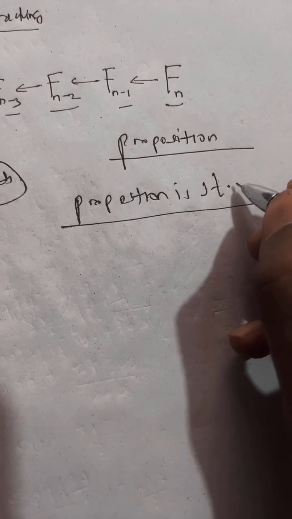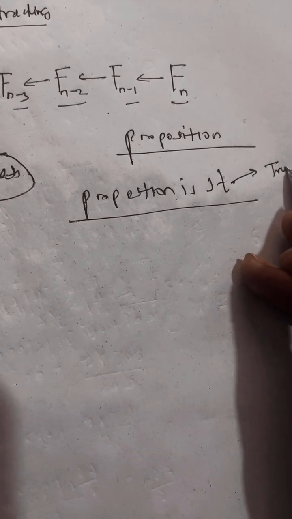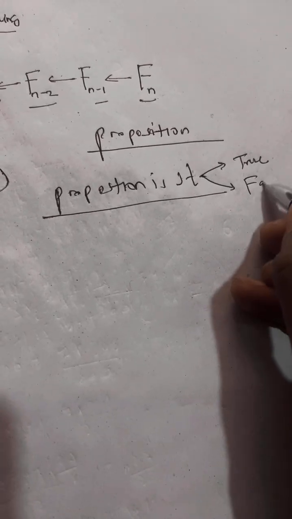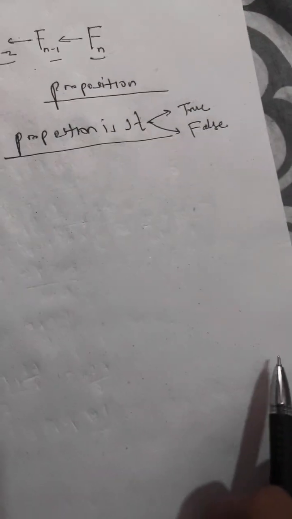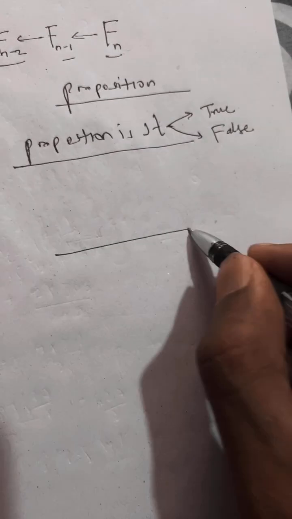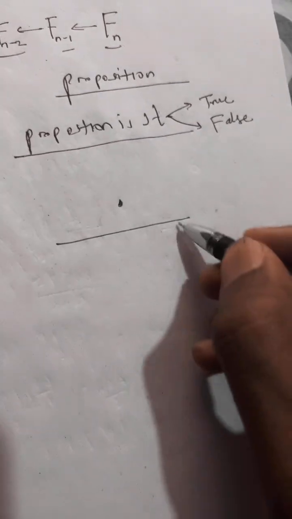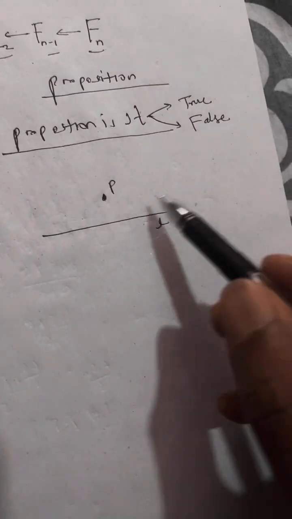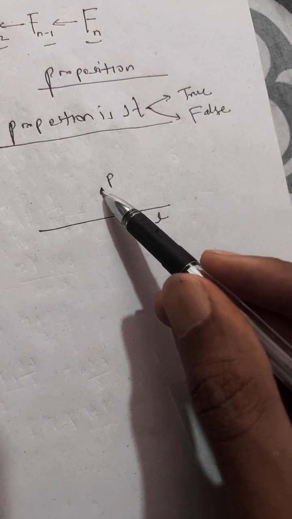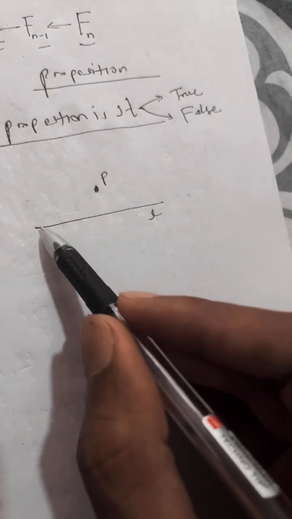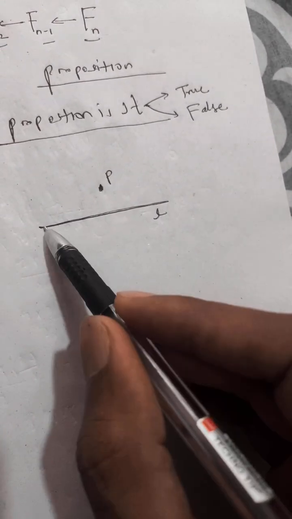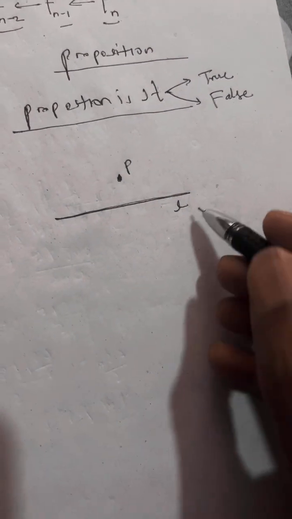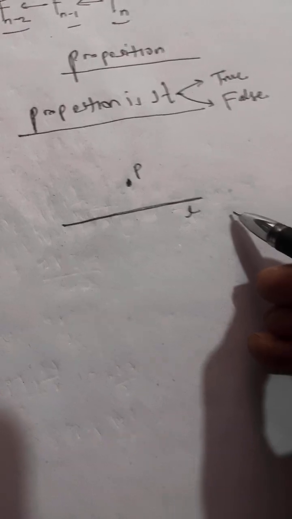Truth value means either this statement is true or this statement is false, right? For example, given a line and a point, let's say this is a line L, this is a point P. This point either lies on this line or it does not lie on this line, right? It's a proposition. It is either true or false.